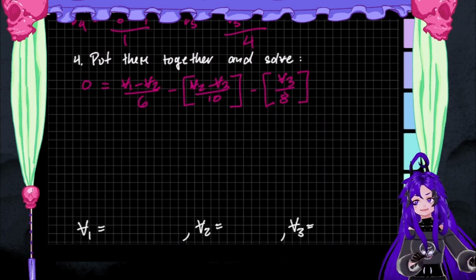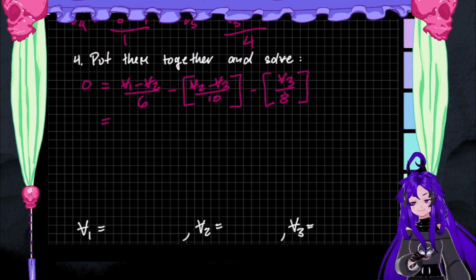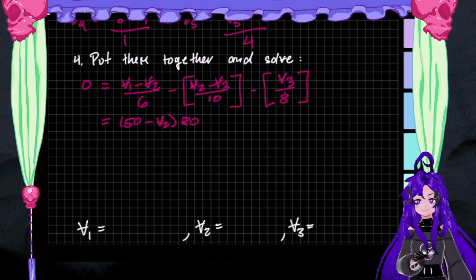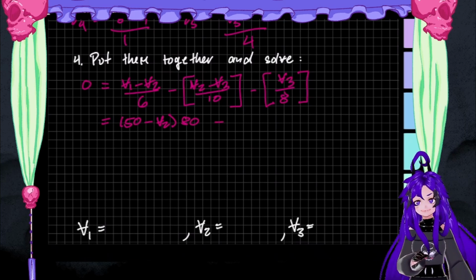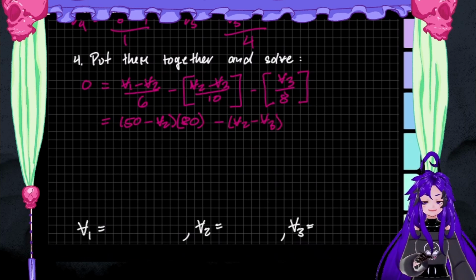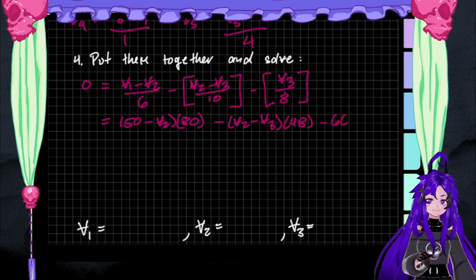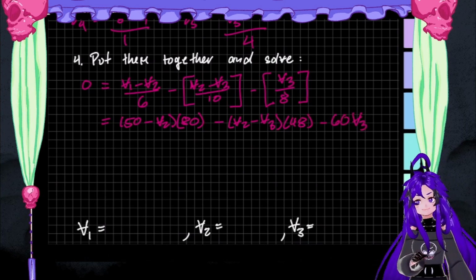Which we can solve out, or at least we can simplify down to being 50 minus V2 times 80, that quantity times 80, right? V2 minus V3 times 48, and then 60 V3.